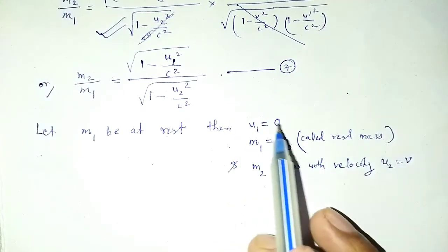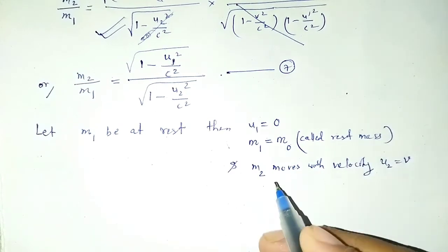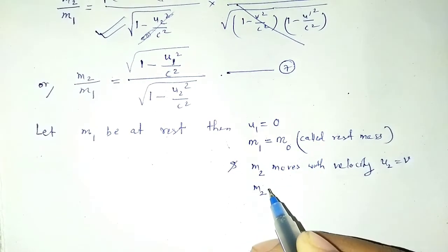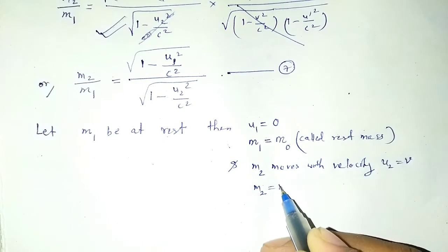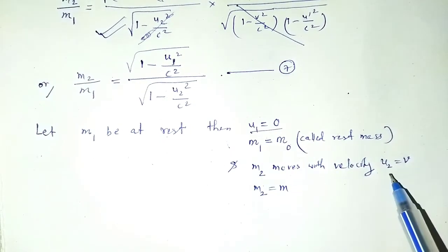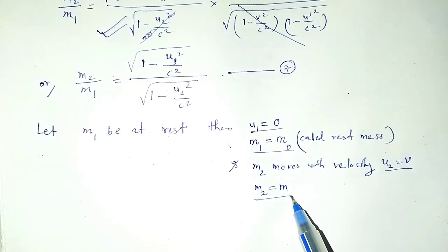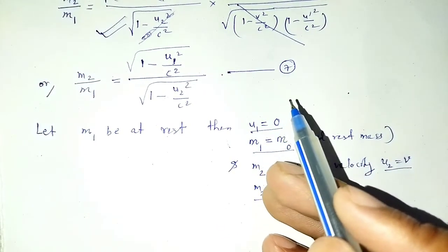Then putting all these values in equation number 7, therefore we can write here: u1 is equal to 0, u2 is equal to v, m1 is equal to m0, and m2 is equal to m in equation 7.